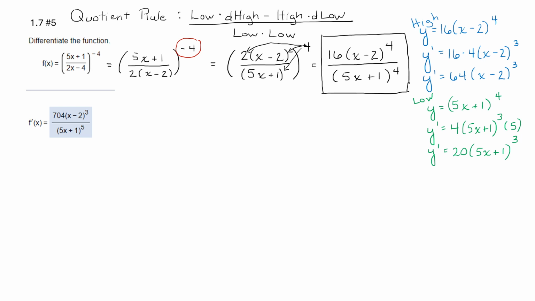Okay, so now I'm going to use all this information for the quotient rule. And the way I remember the quotient rule is low d high minus high d low all over low low. So I've got all that information, and now I can start actually working the problem.